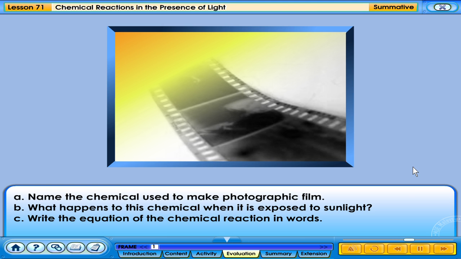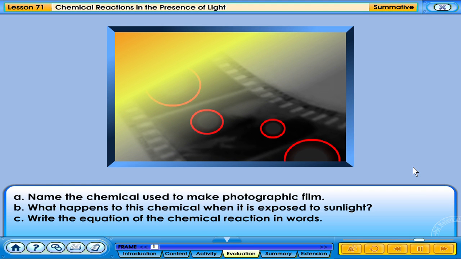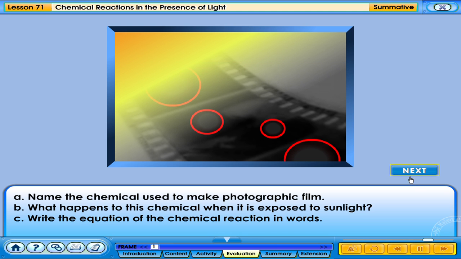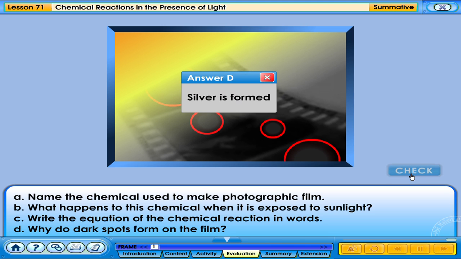C. Write the equation of the chemical reaction in words. Silver bromide to form silver and bromine. D. Why do dark spots form on the film? Silver is formed.